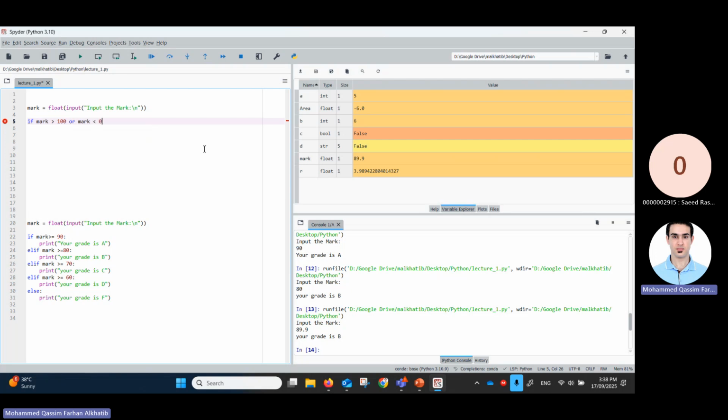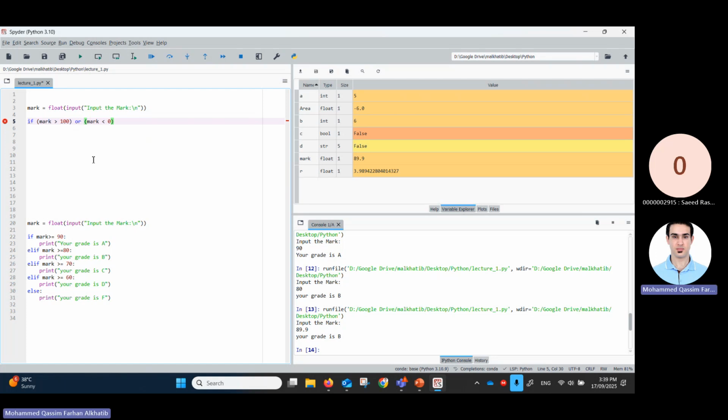Now each condition is individual from the other. You say, if mark larger than 100 or less than 0, like this. No, each condition is individual from the other. That's why I prefer to put parentheses for each condition. It will make things organized, because sometimes you have statements that might have two or three conditions, let's say sub statements or small conditions. Why am I getting the syntax error?